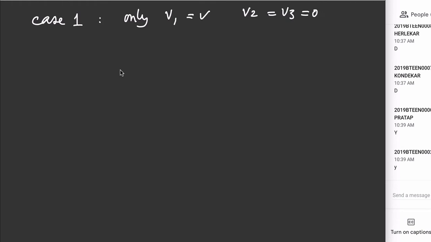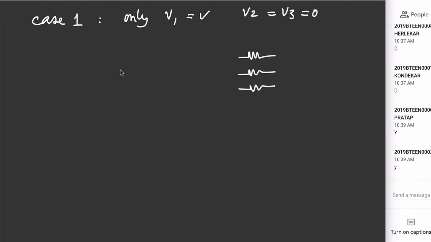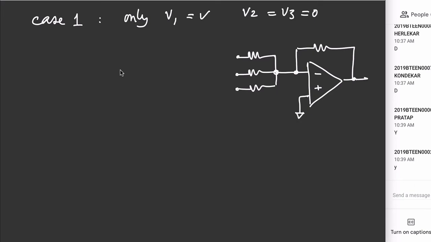If V2 and V3 are 0, then there is no contribution. So let me draw a small circuit here in a simplified way. Let us ask some questions. What is this voltage? 0 volt.